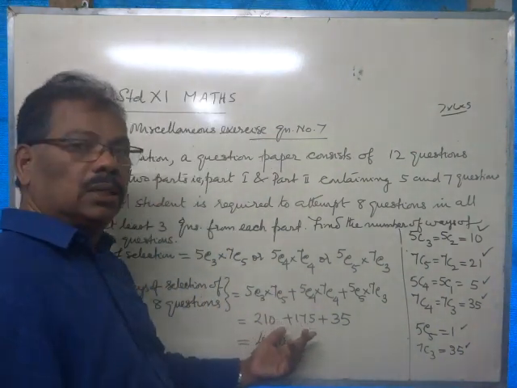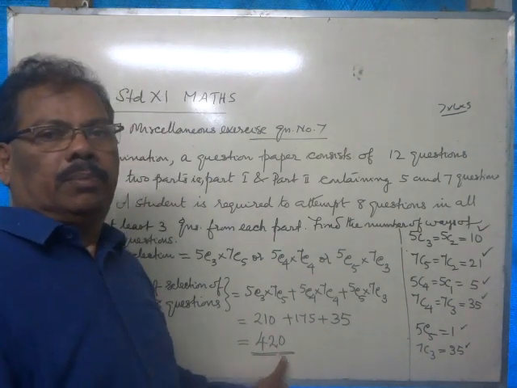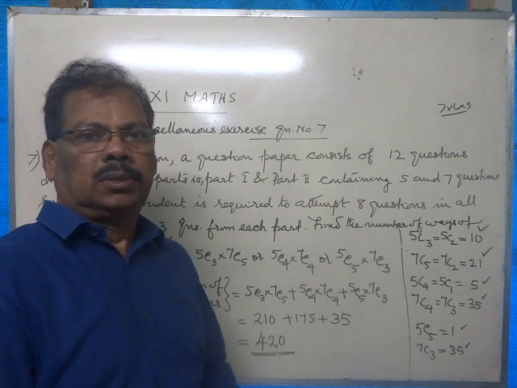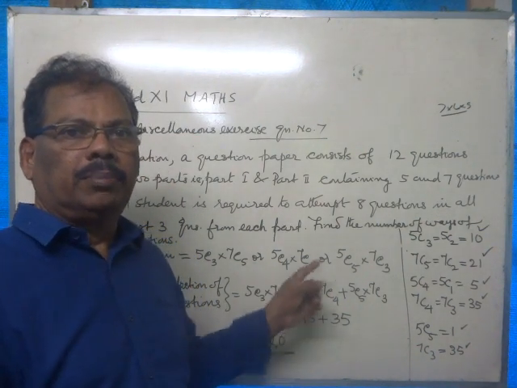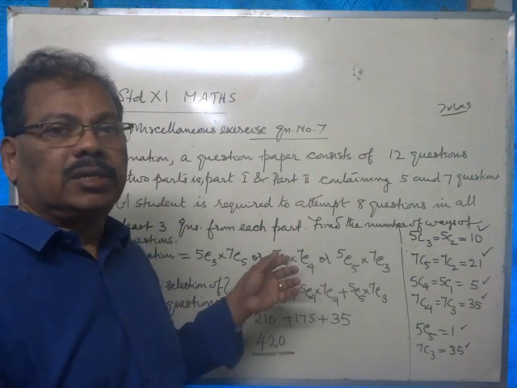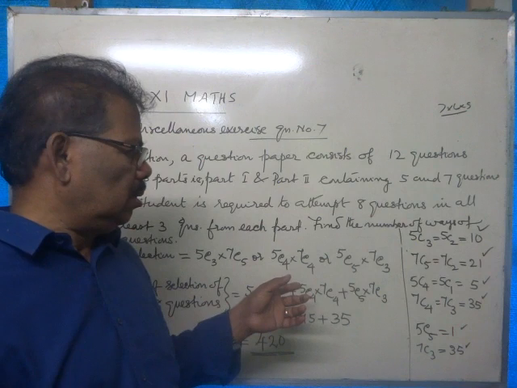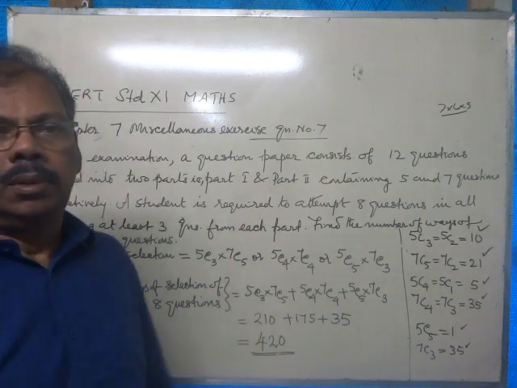Adding these three, we will get 420. The number of ways of selection of questions from part 1 and part 2, with the condition that at least 3 from each, will be 420. Right.